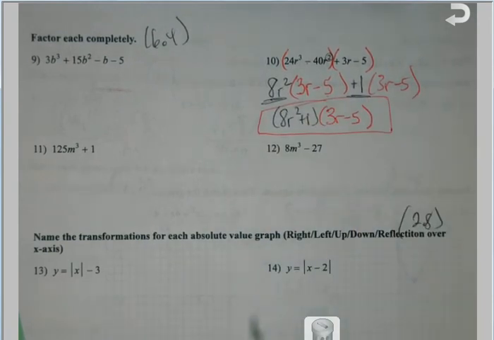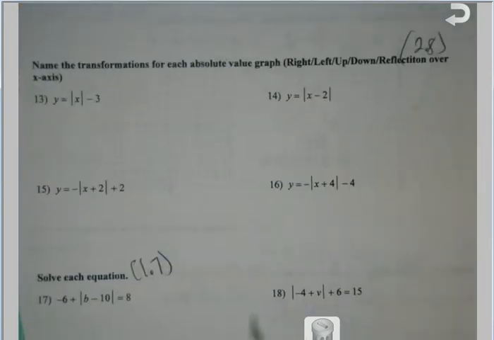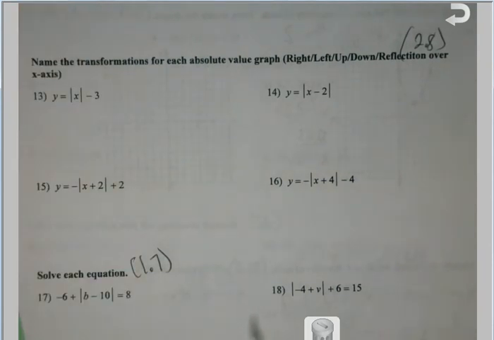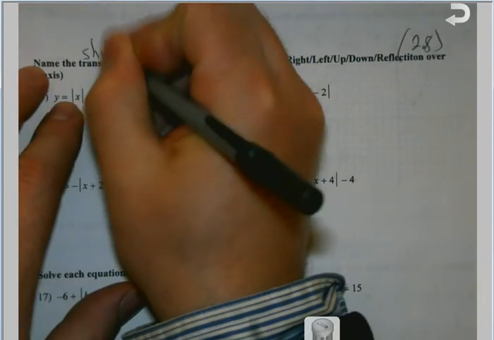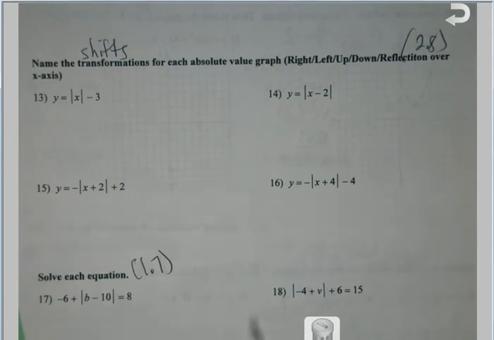Okay. As we keep moving down here, because again the factoring will show up again, so we'll probably hit that later. Name the transformations. Name the shifts that happen. Okay, we'll take a look at a couple of these. Actually, let's do 13 and 16.